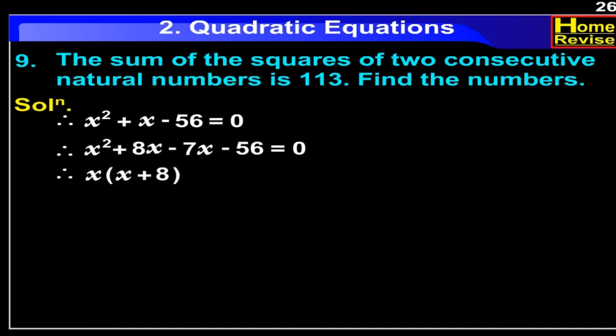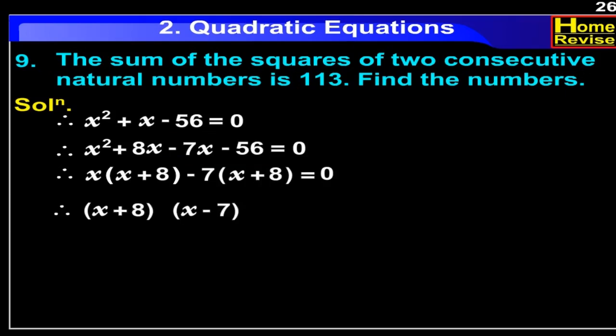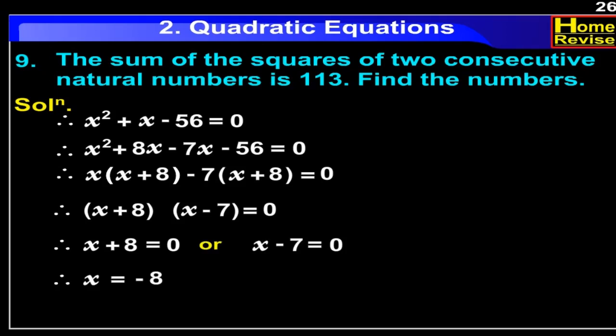And taking out minus 7 common from the next two terms, we have minus 7 (x plus 8) is equal to 0. Therefore, (x plus 8) into (x minus 7) is equal to 0. Therefore, x plus 8 is equal to 0 or x minus 7 is equal to 0. Therefore, x is equal to minus 8 or x is equal to 7.